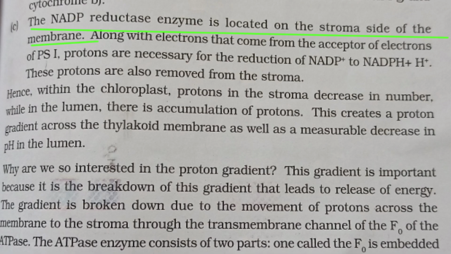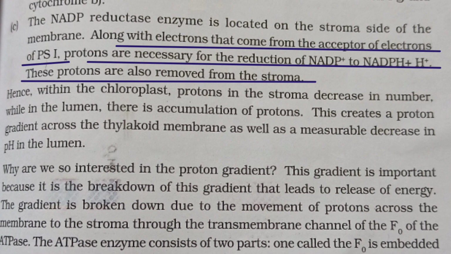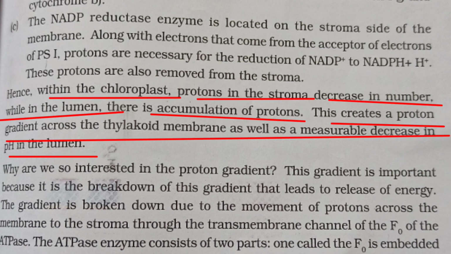Third step, the NADP reductase enzyme is located on the stroma side of the membrane. Along with electrons that come from the acceptor of electrons of PS1, protons are necessary for the reduction of NADP+ to NADPH plus H+. These protons are also removed from the stroma.